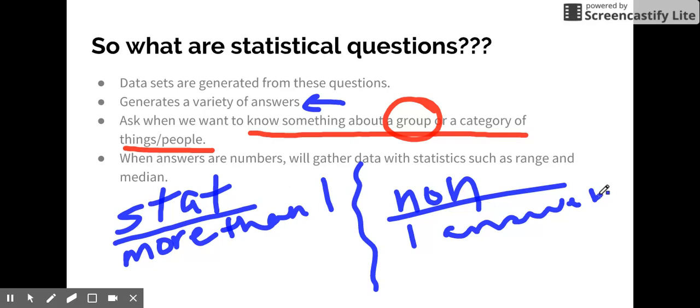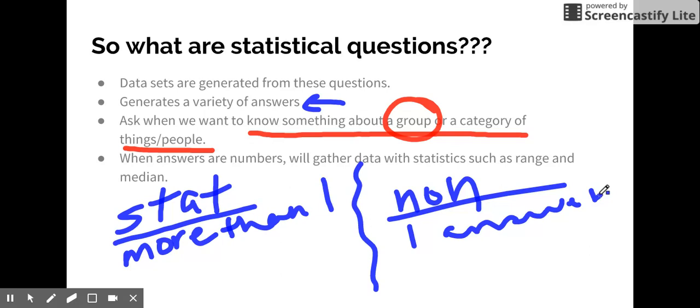So, statistical questions, you're looking at a group of people. Non-statistical questions, you're looking more at just one person or one thing. Generally, for a statistical question, you'll have more than one answer, and for a non-statistical, you'll have just one answer.